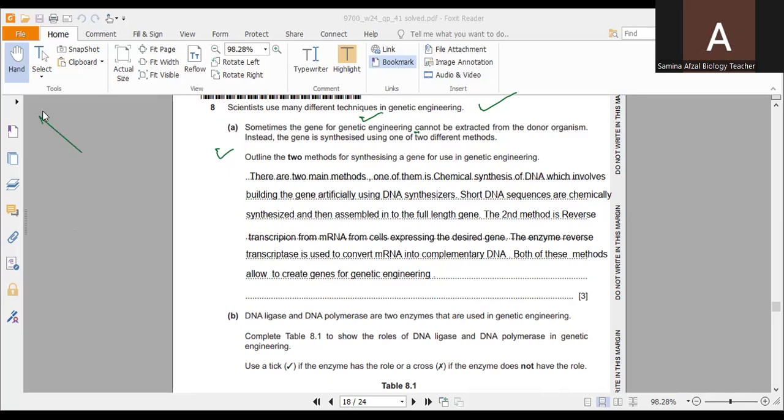The first method, number one, is chemical synthesis of DNA.